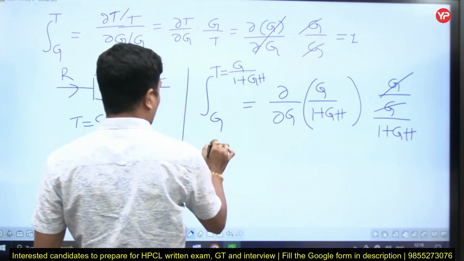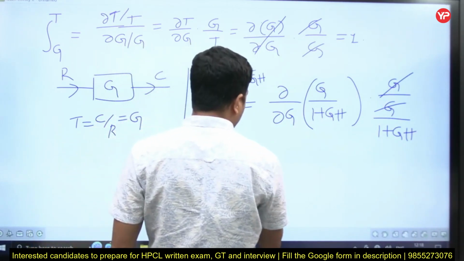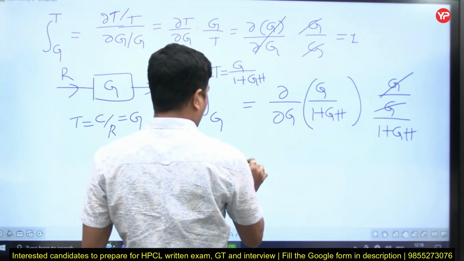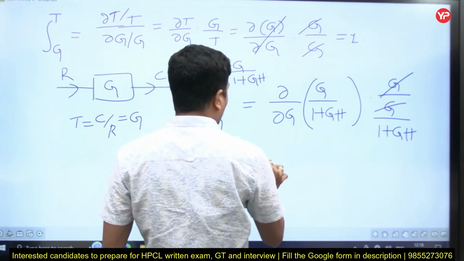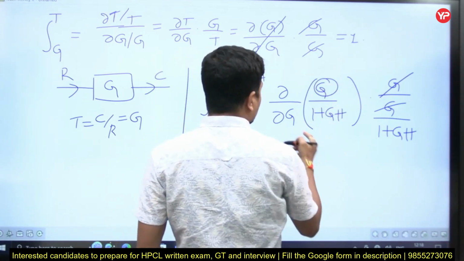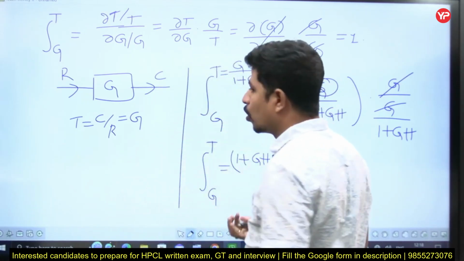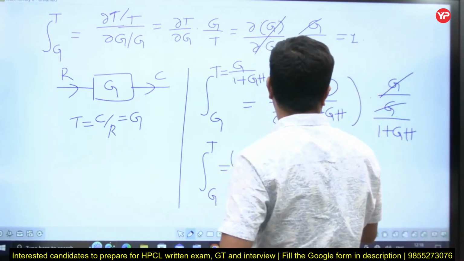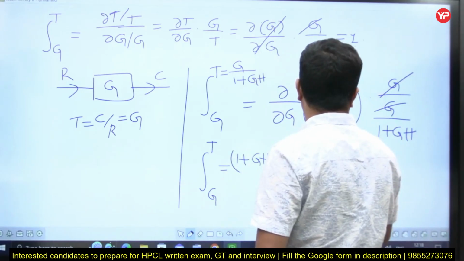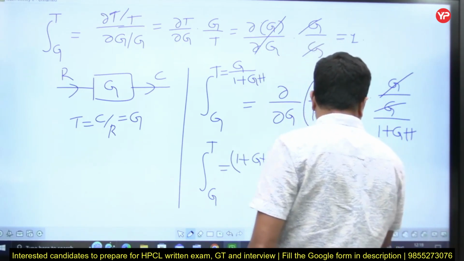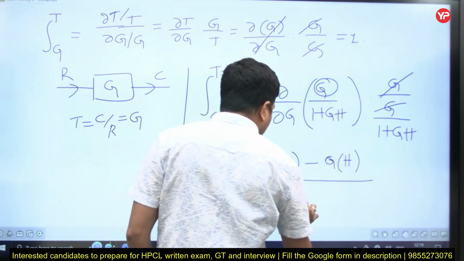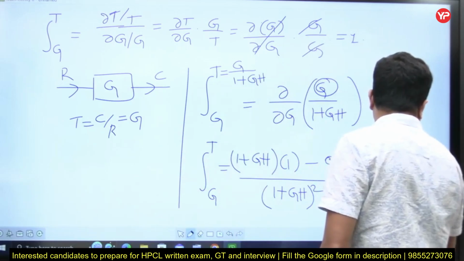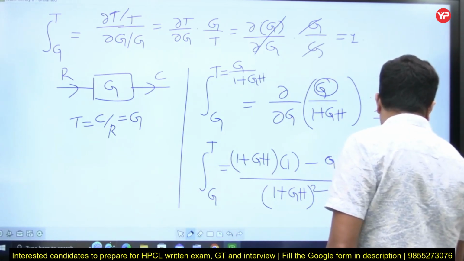So the sensitivity of the transfer function T with respect to G is equal to ∂/∂G, I will simplify it. (1 plus GH) into the derivative of G with respect to G, which is 1, minus, you know the formula for the derivative of U by V, G into the derivative of GH, which is H, by (1 plus GH) whole square, into 1 by 1 plus GH.